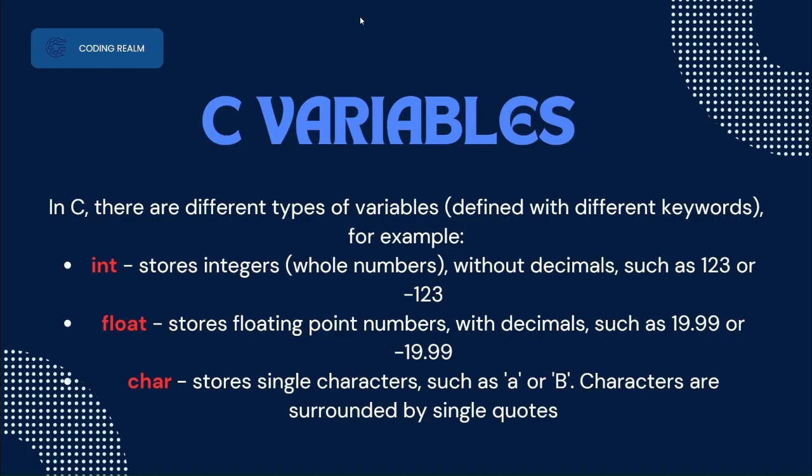We have also char, or characters. It stores single characters such as A or B, and the characters are surrounded by single quotes, like here A and B. The character can be a small character or a capital character, and we can put also other characters like the hashtag, add, etc.